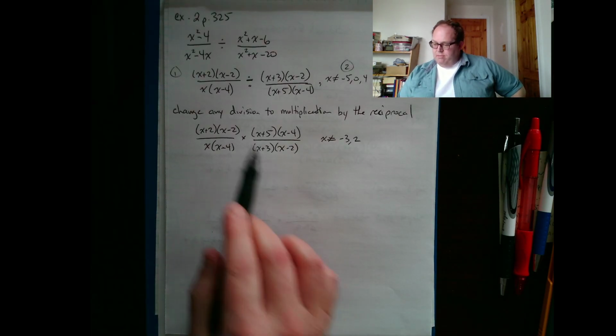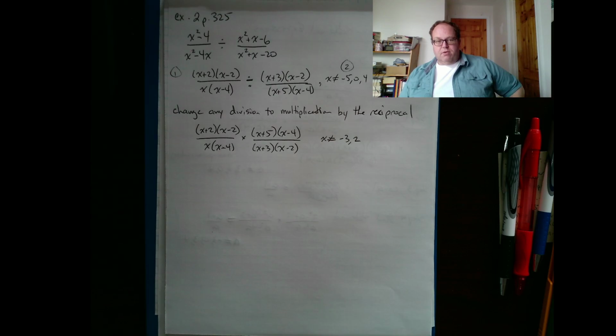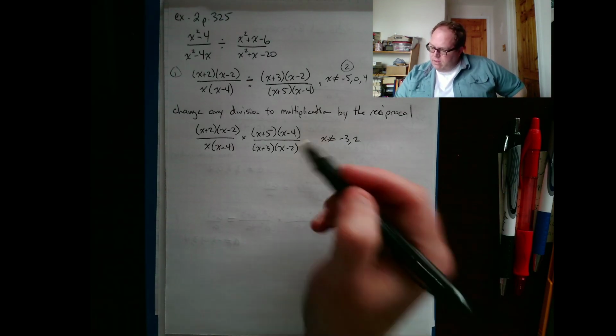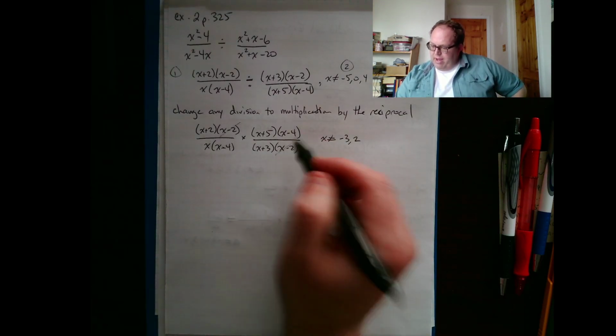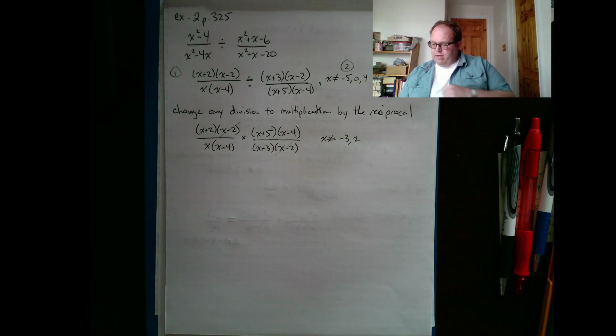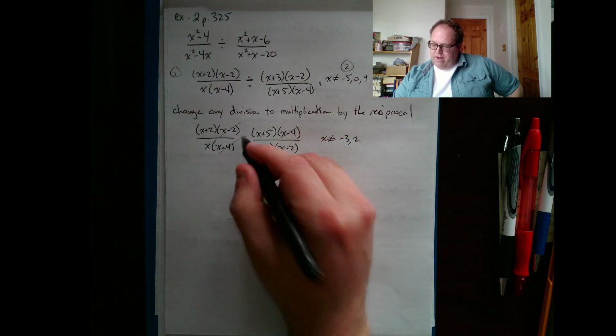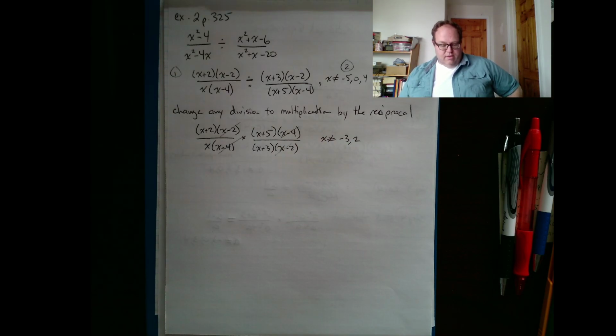But now that it's all a big string of multiplication, I can think about things that I can cancel. x minus 2 divided by x minus 2 is 1. x minus 4 divided by x minus 4 is 1. There's nothing else left to cancel.